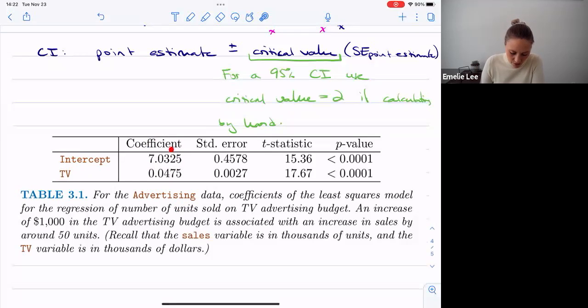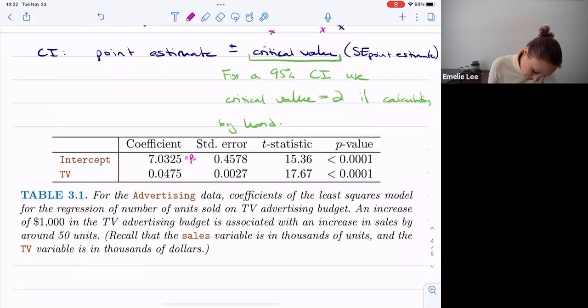So notice here, we've got the coefficient, and this is beta naught hat, and this is beta 1 hat. Then we have the standard error of the intercept and of the slope. This is the standard error of beta naught hat, and this is the standard error of beta 1 hat.